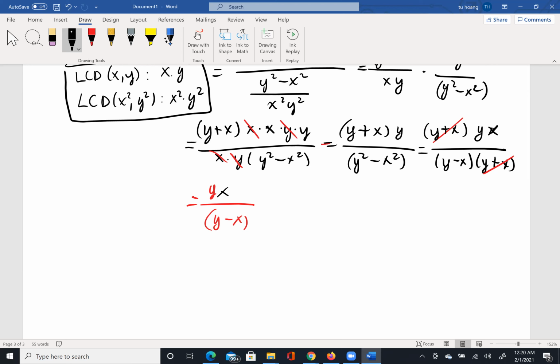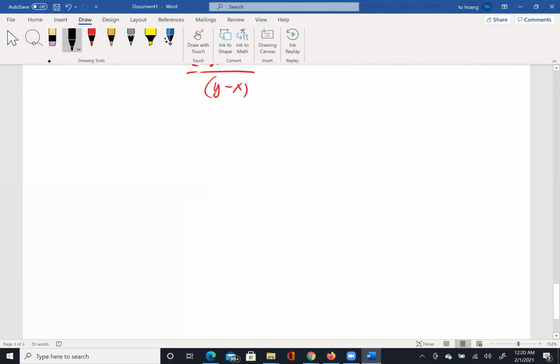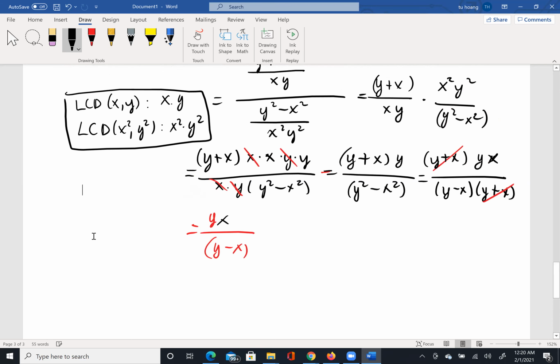So, let's talk about simplifying a complex fraction, method number 2. Okay.